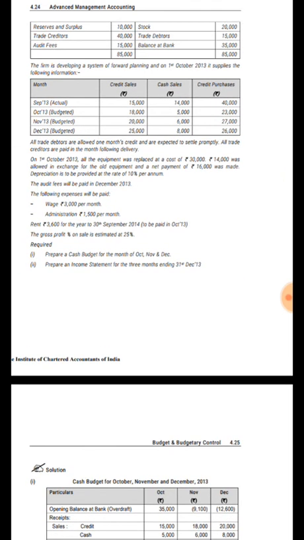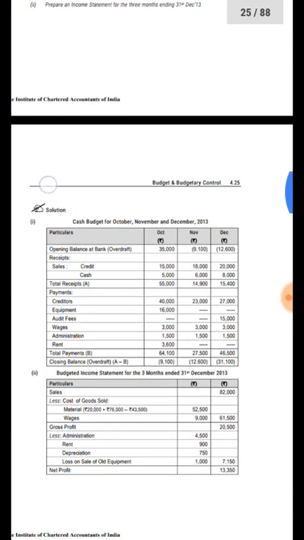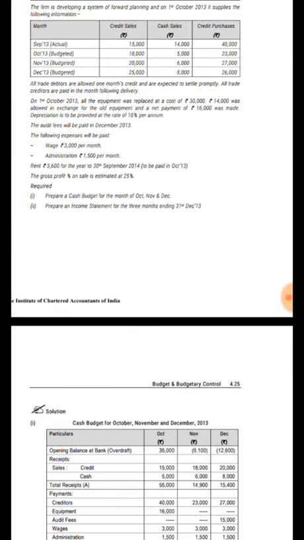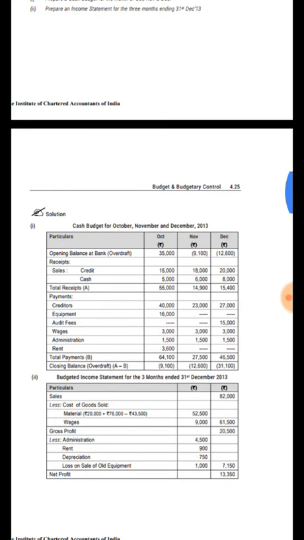Then wages, 3,000 per month. 3,000 per month means for 3 months we are making, so 3,000, 3,000, 3,000 every month. Okay, the admin 1,500 per month, so 1,500, 1,500, 1,500.